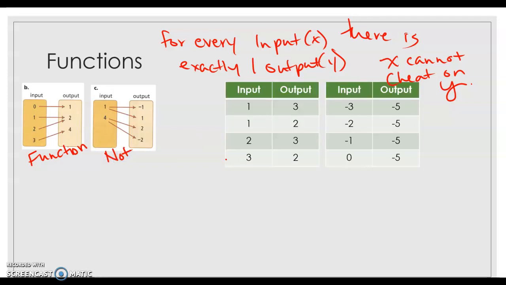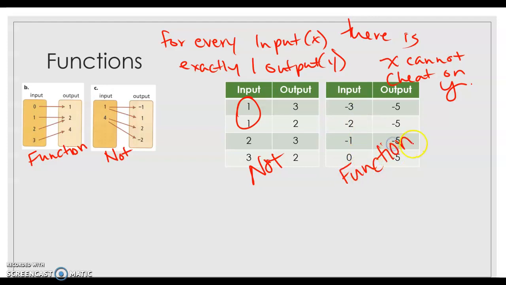What about looking at tables? When looking at tables, we want to make sure that our input only has one of that value. Here we have two ones, so this one is not a function. Here, -3, -2, -1, 0, all of those inputs are different, so this one is a function.